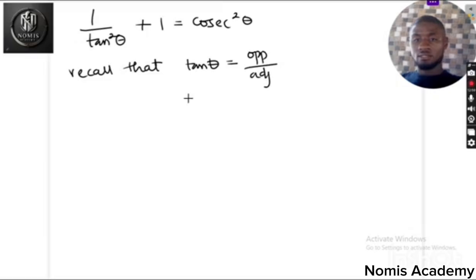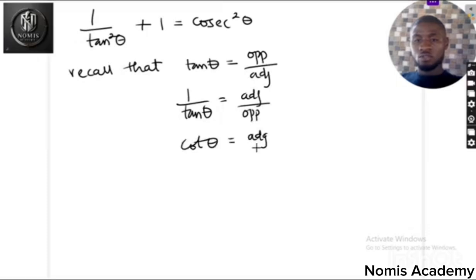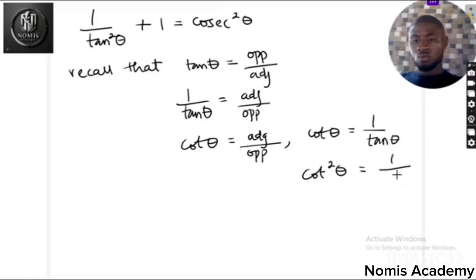The inverse of tan theta is adjacent all over opposite, and this is cot theta. So cot theta is equal to 1 all over tan theta. Should that be the case, cot squared theta is equal to 1 all over tan squared theta.